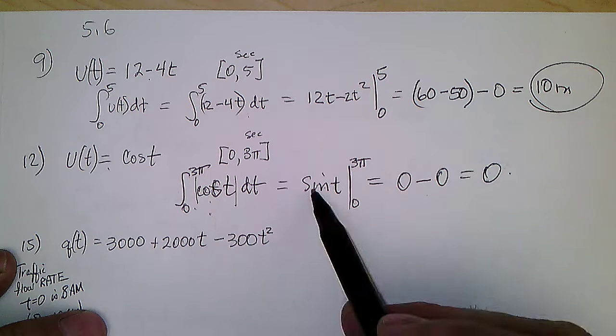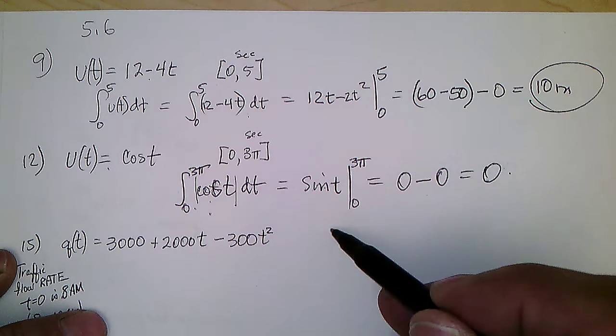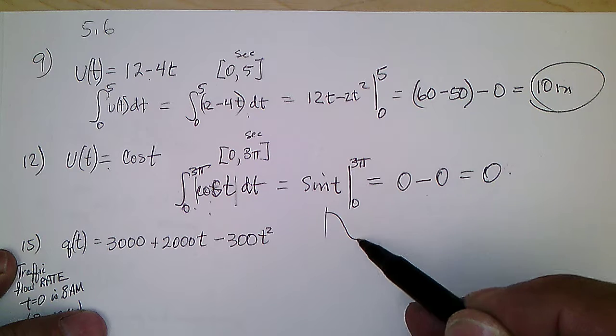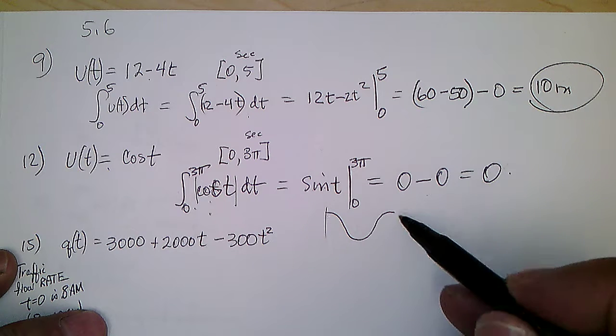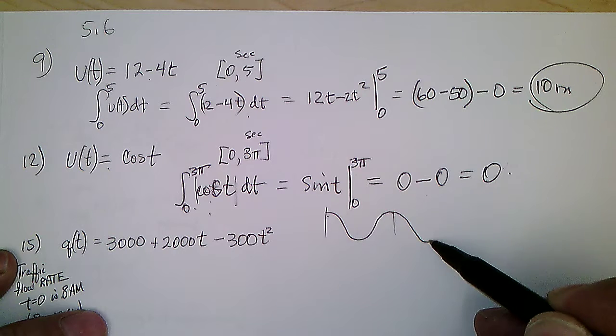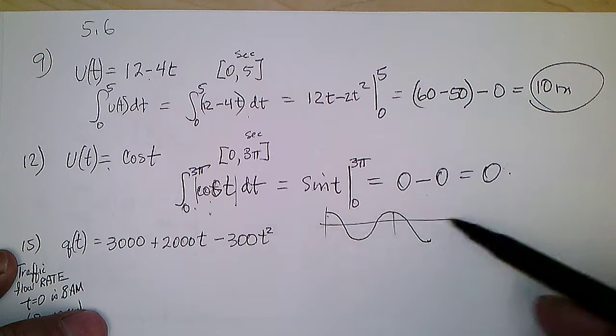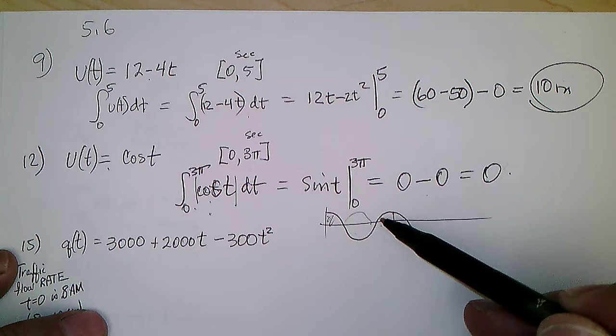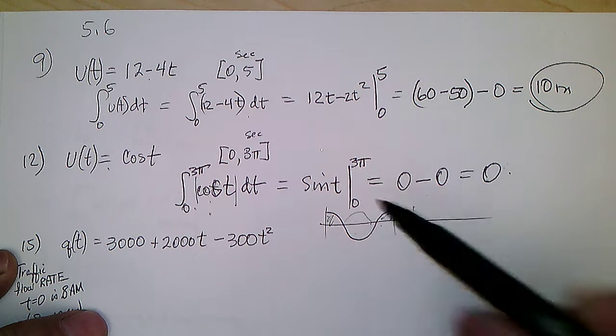So what does the cosine of t look like? It starts up, goes down, and goes back up. And that would be 2 pi, and so 3 pi would be back down. And so we'd have this, and then we'd have to make this positive, and then this positive.